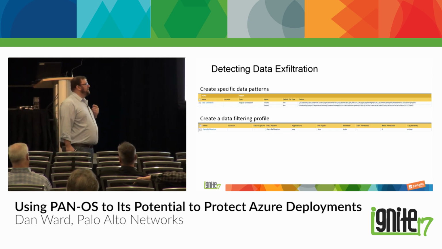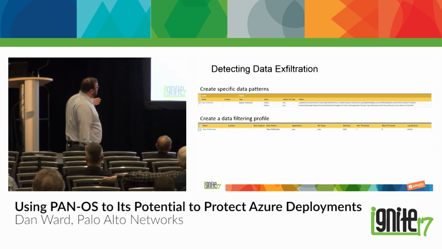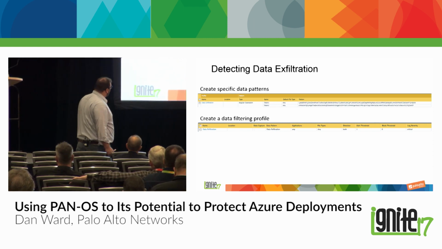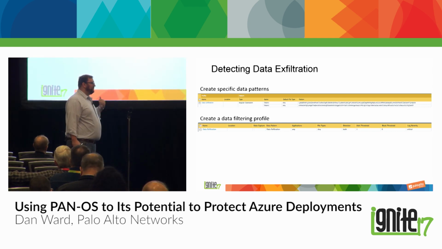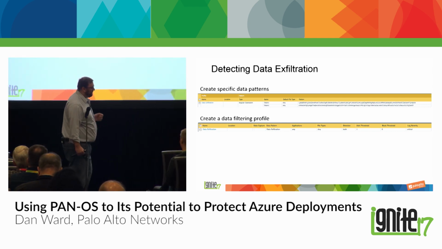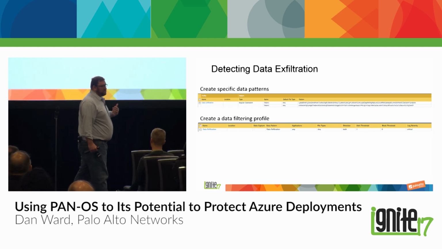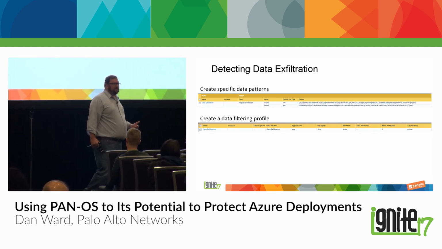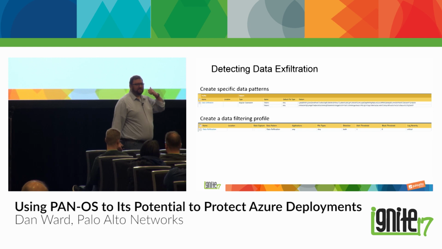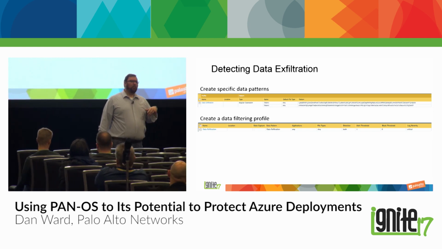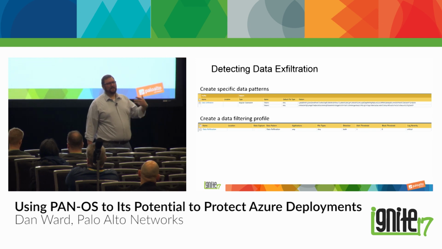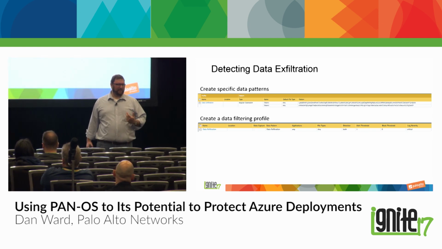When I ran the SOC for the company that I worked for prior to Palo Alto, this was the type of information that we were able to build into the Palo Alto to tell us what we needed to do. It wasn't, hey, something's wrong over here. It's, this is wrong, this is how bad it is, and we're going to give you enough context to immediately go do something about that.